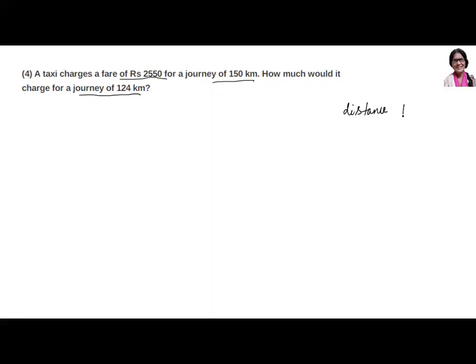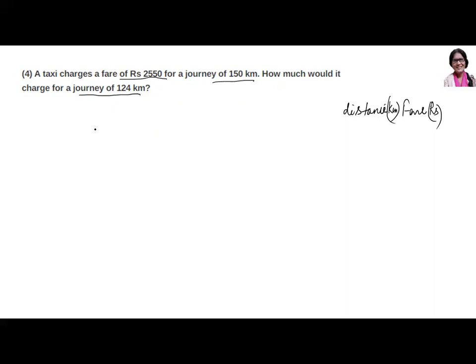And here your fare. Distance in kilometers and fare in rupees. That means the more distance you travel, the more fare you have to give. If you have less fare, you can go up to less distance. So they are in direct proportion.